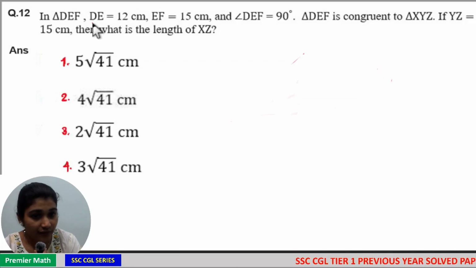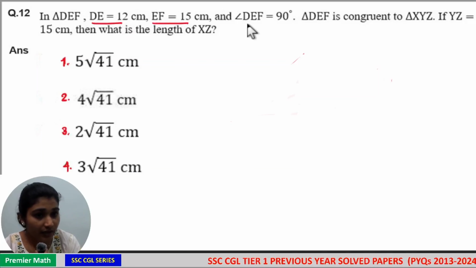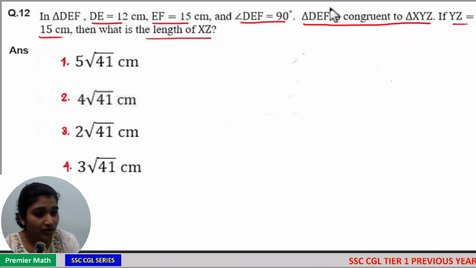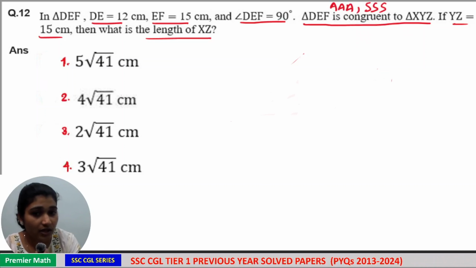In triangle DEF, DE is 12, EF is 15 and angle DEF is 90 degree. Triangle DEF is congruent to triangle XYZ. If YZ is 15 centimeter, then what is the length of XZ? Here, congruent triangle means all the three angles and all the three sides of two triangles are equal.